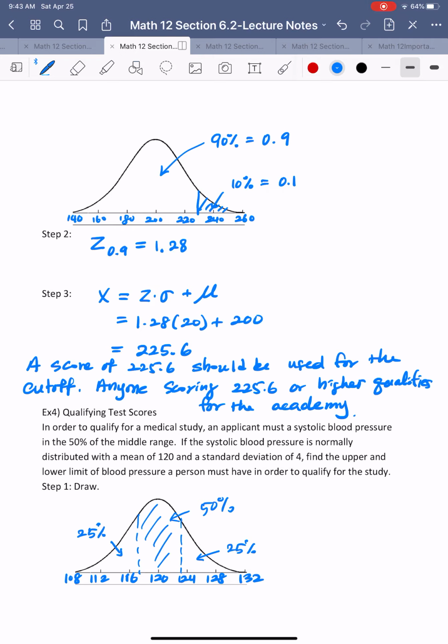So in order to find the 25%, we have to find the z value whose probability of being less than it becomes 0.25. The normal distribution is always symmetric, so then we can find the other z value. So let's use a table.